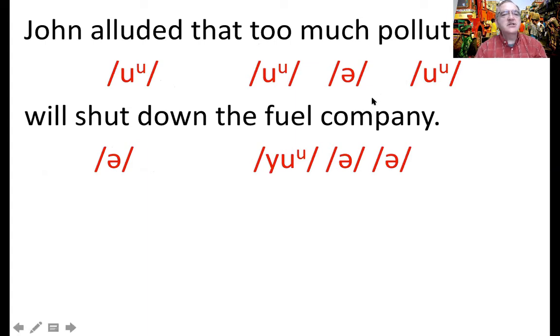Say it again. John alluded means said. John alluded that too much pollution will shut down the fuel company. All right, that's the end there.